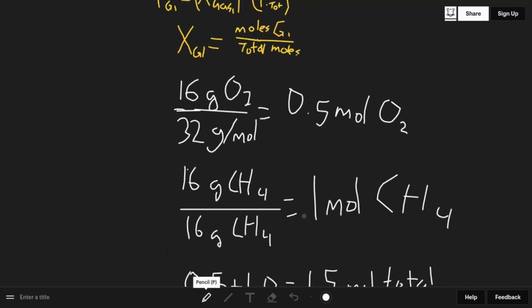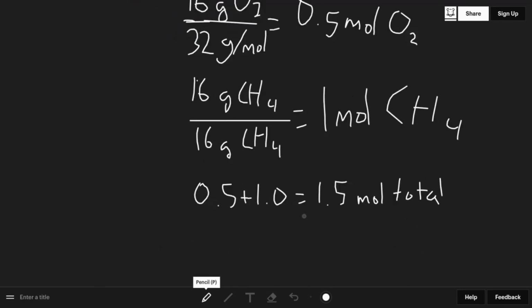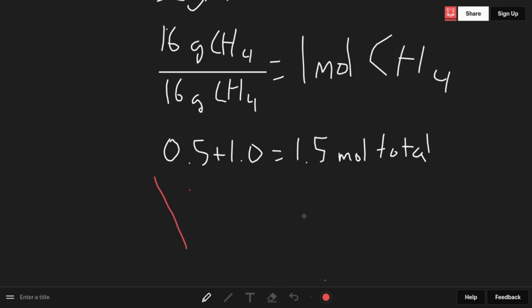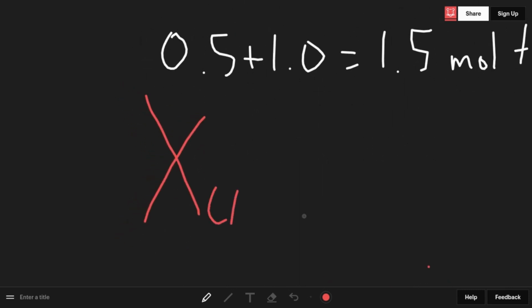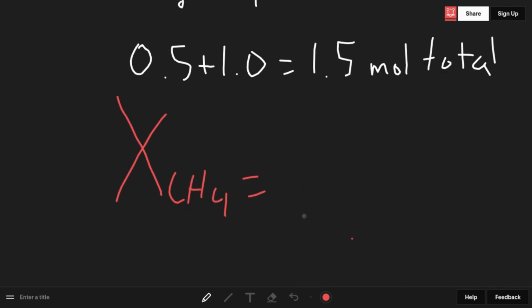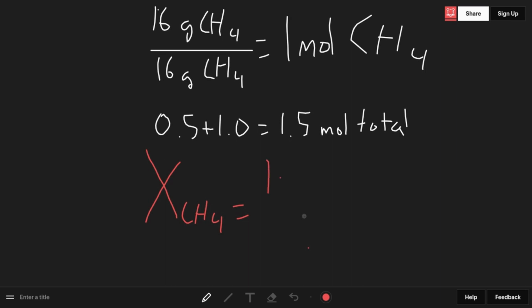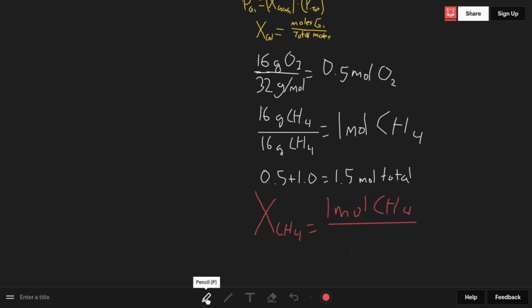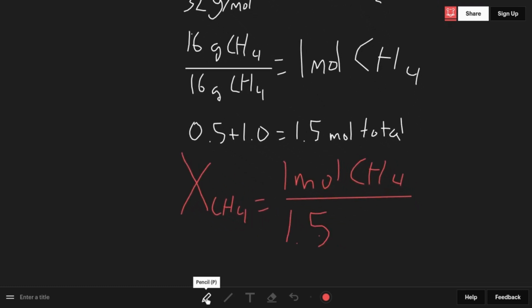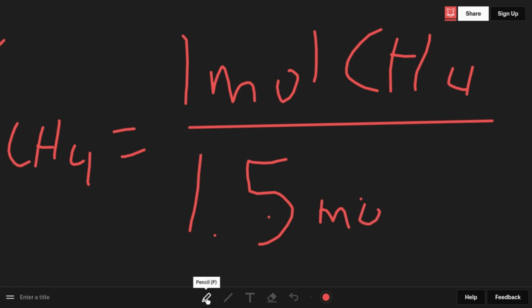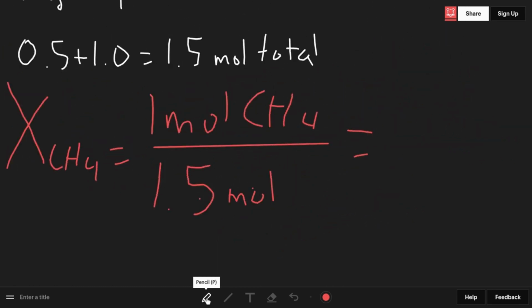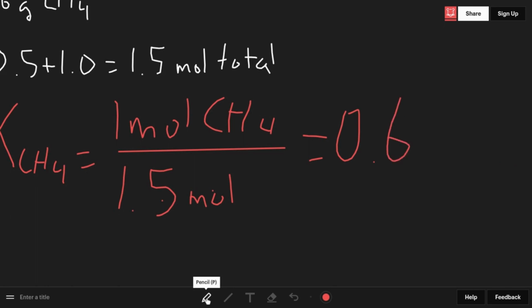X of CH4 equals the moles of that gas, so there's 1 mole of CH4 gas, divided by a total of 1.5 moles. So we can just say 0.667.